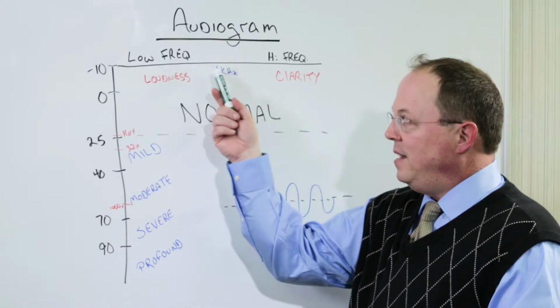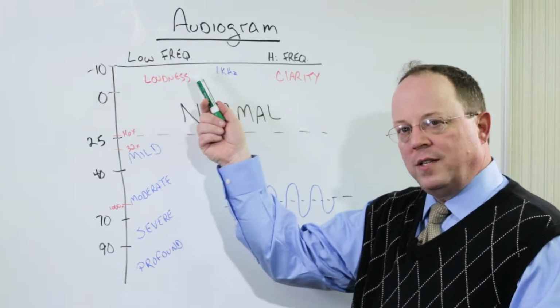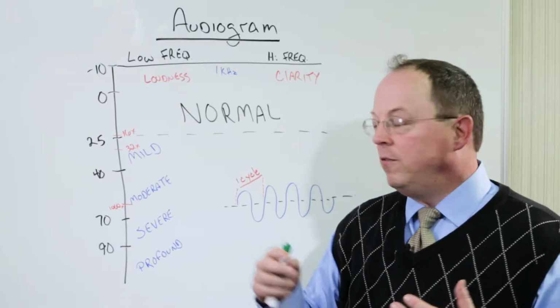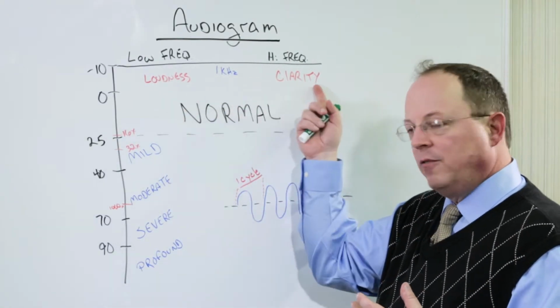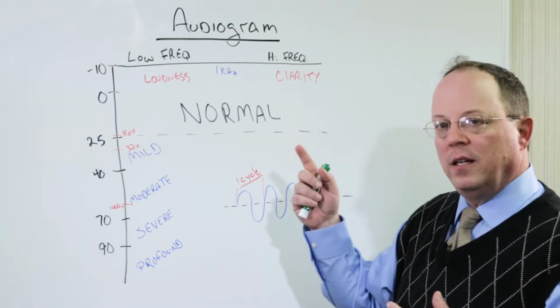So up here, the 250 out to 1,000 hertz, that's what we consider the low frequencies, and that is responsible for the loudness. In the higher frequencies, from 1,000 hertz out to 8,000 hertz, that's where we get our clarity.